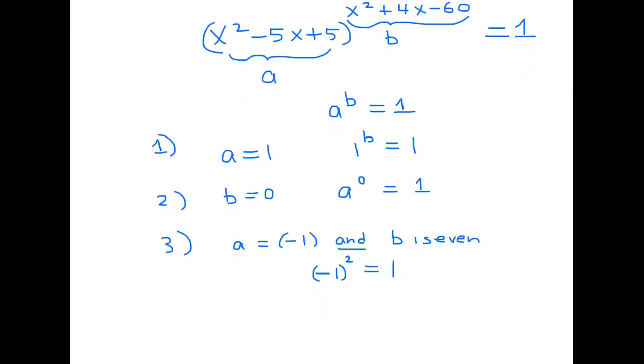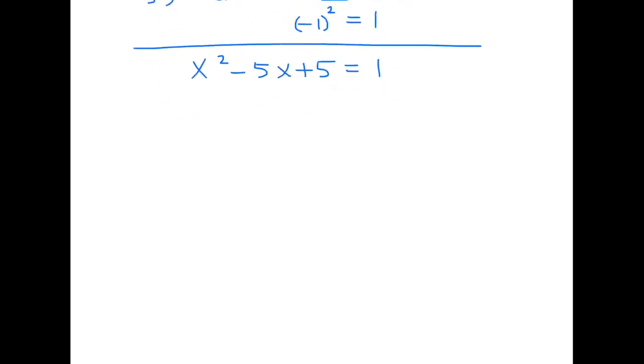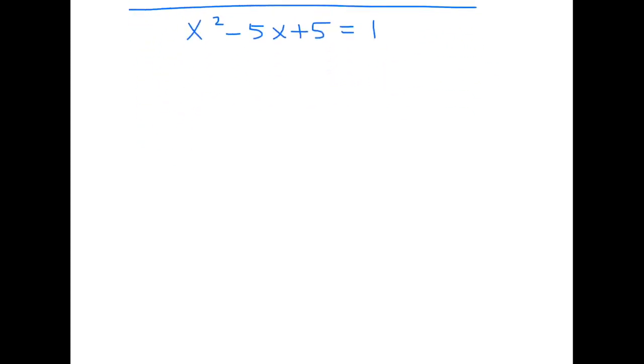So let's start with the first one, which is a equal to 1. So this is a right here. We have to set that equal to 1. x squared minus 5x plus 5 is equal to 1. All right, here we go.